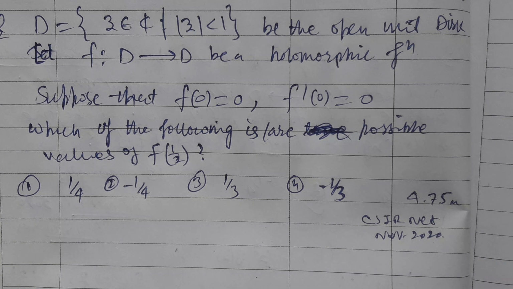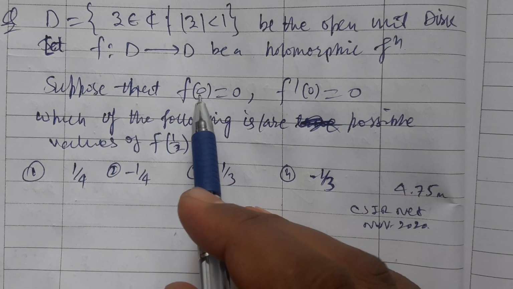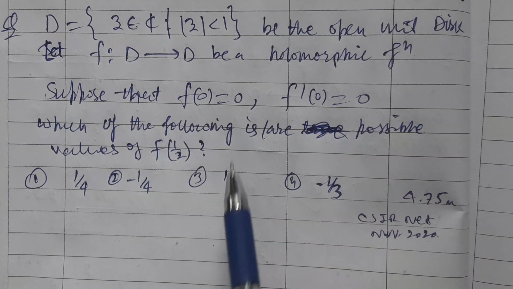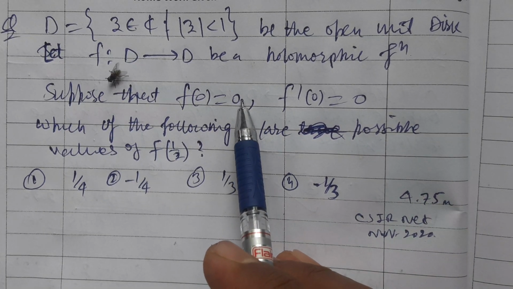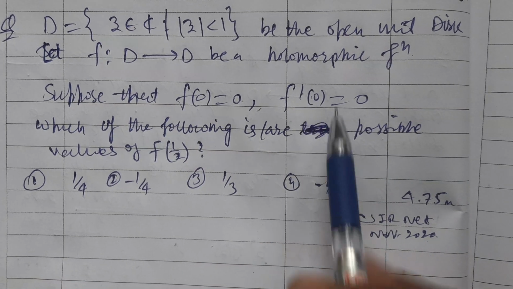Let f be a holomorphic function from the unit disk to the unit disk. Suppose this function satisfies two conditions: at the point 0 the function gives 0, and at 0 its derivative is also 0.